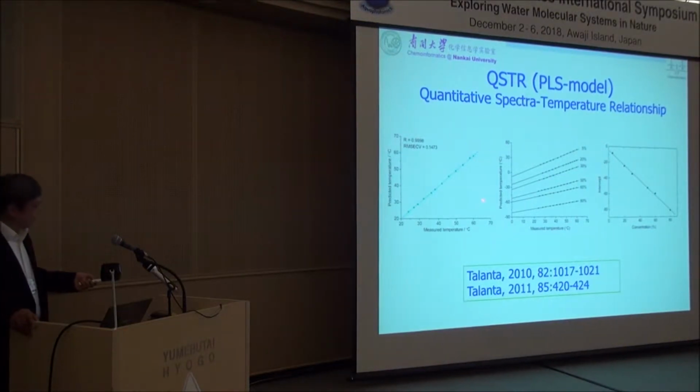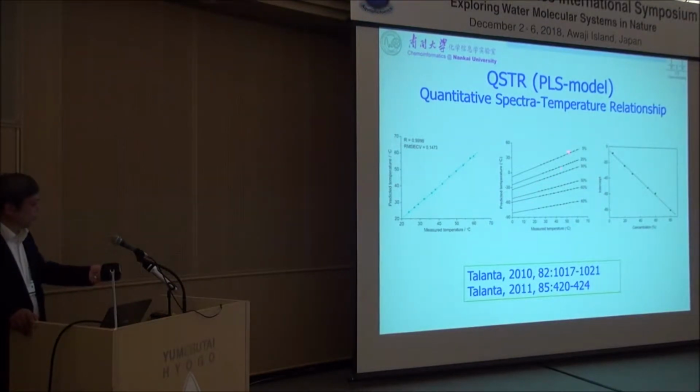The more interesting thing is if we use this model, built from the spectra of water, to predict the spectra of solutions containing different concentrations of ethanol, we can also obtain straight lines.